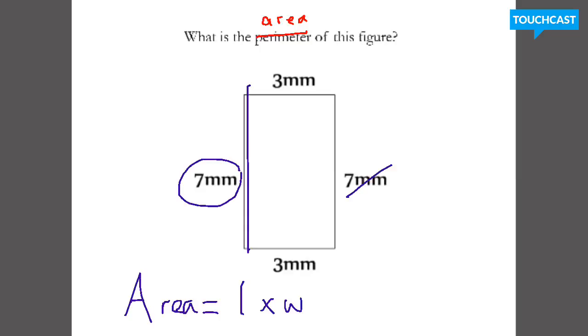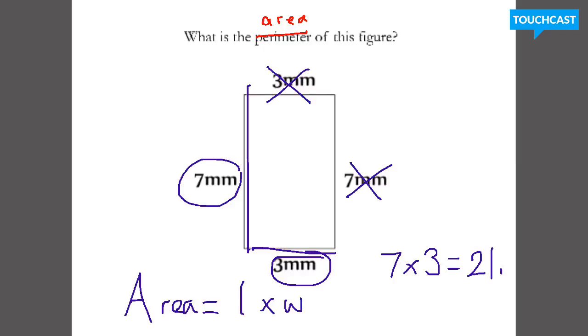We don't need the opposite side. Width is the shorter side, which is 3. We don't need the opposite side. We just need 1. So length times width is 7 times 3. 7, 14, 21. Oh, there it is. 21 millimeters squared.